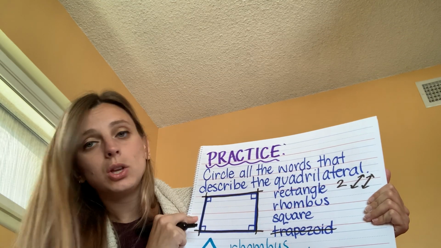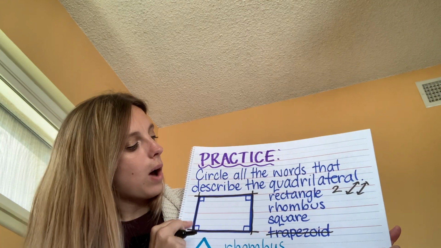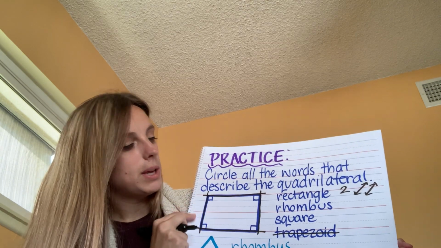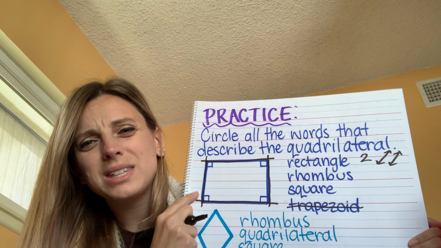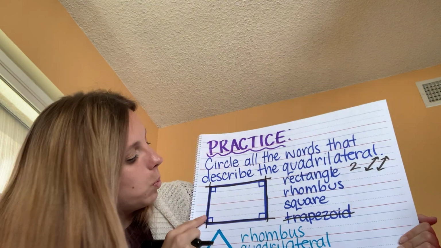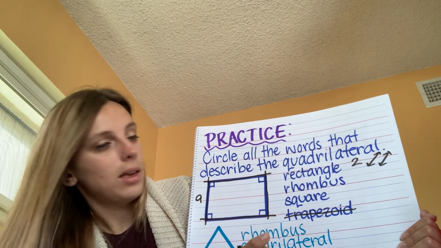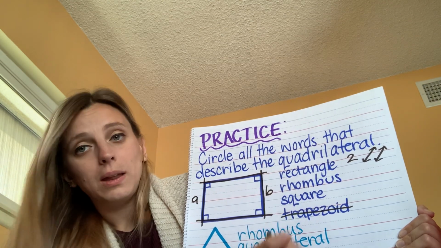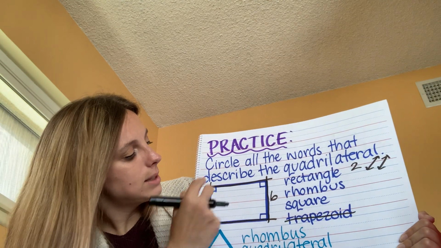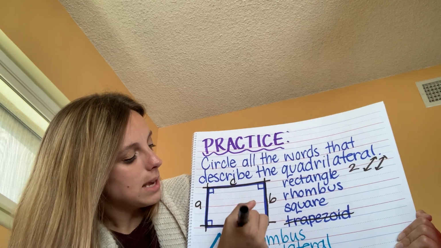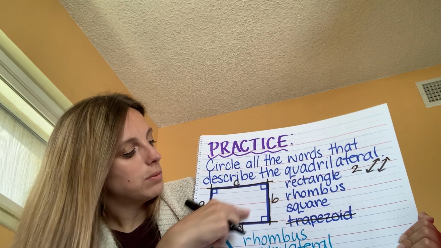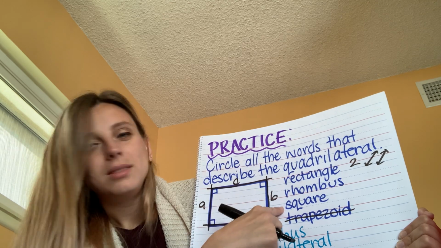Well, I know it's not a trapezoid because trapezoids only have one set of parallel lines, and I've already found that this has two. Now, I can get rid of square and rhombus by asking myself, do those sides look equal? Well, it looks to me like this side, let's call it A, matches this side, let's call it B, and it looks like C would match D, but these sides that run perpendicular to each other, they don't match.